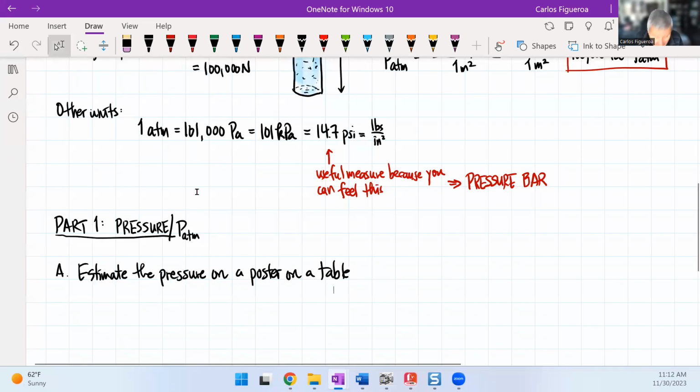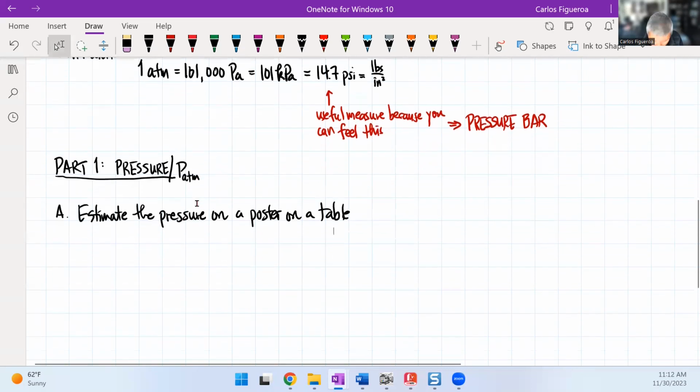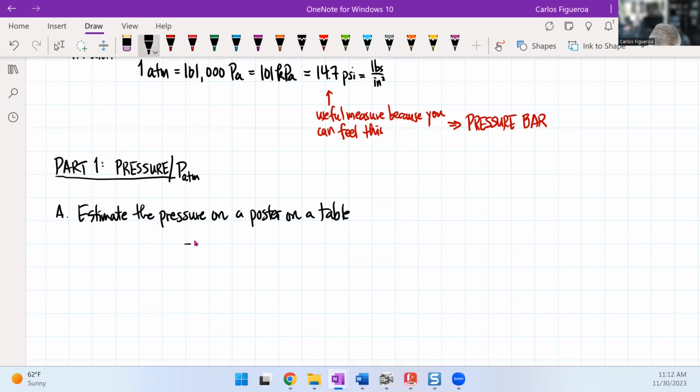Now, we know how to do that. And the way we know how to do that here is because we could measure this. We could set up the poster in, let's say, square inches. So if I have a poster, let's say it's this big, and each of my squares right here is a square inch.